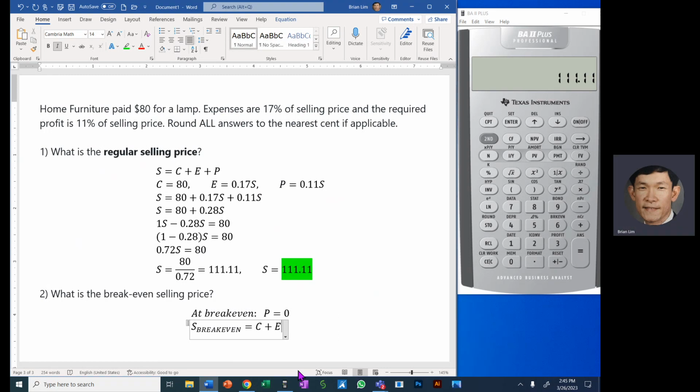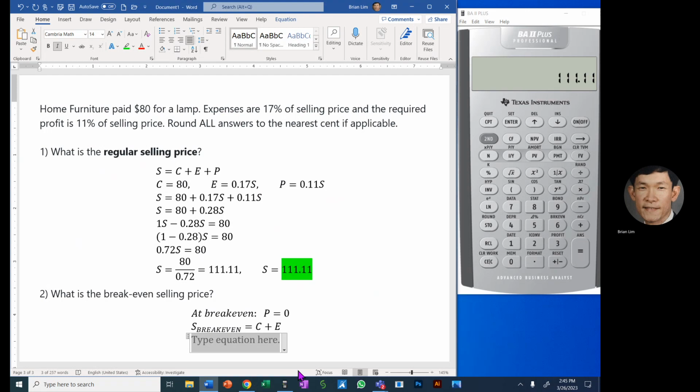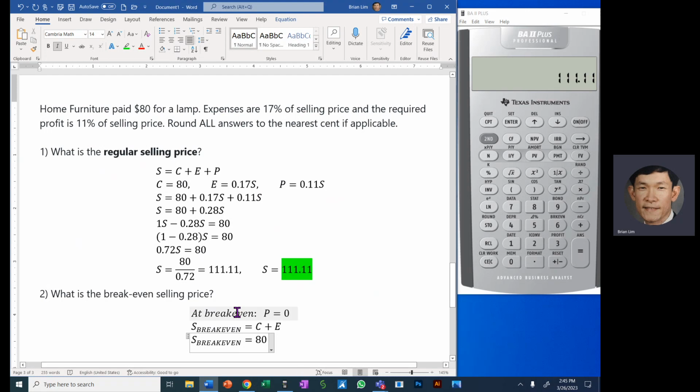Because it is a break even price. It's not the regular selling price. So now S at break even would equal to what? Well, S at break even would equal the cost, which is 80. That is very simple up here.